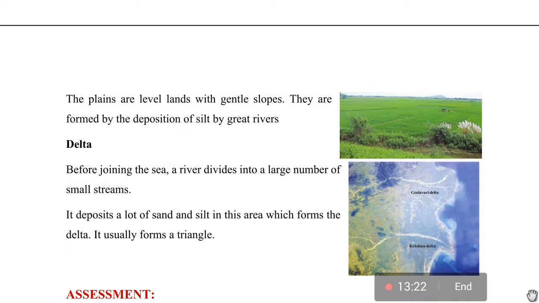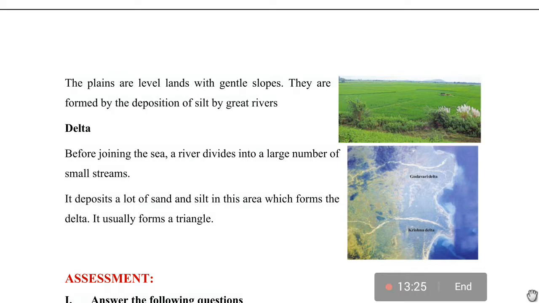Now come to plains. Plains are level lands. Remember these differences: mountains, plateaus, and plains. Mountains and plateaus are very high lands, whereas plains are level lands with gentle slopes.